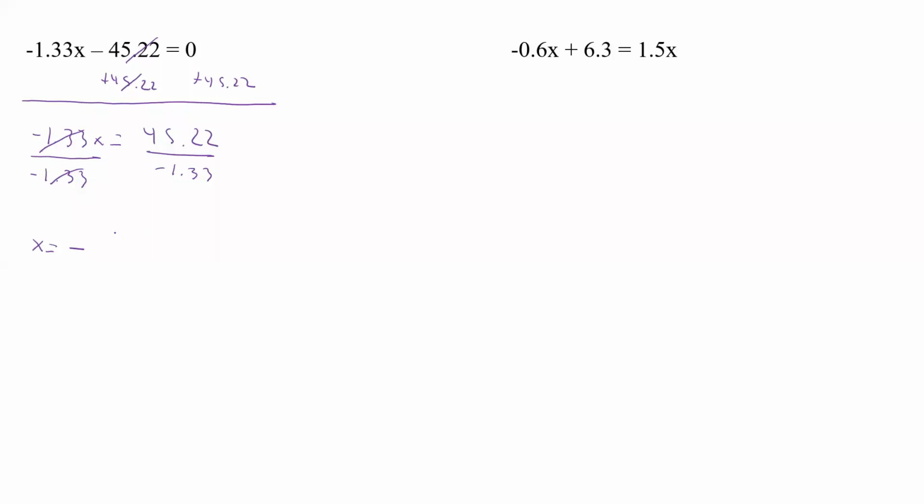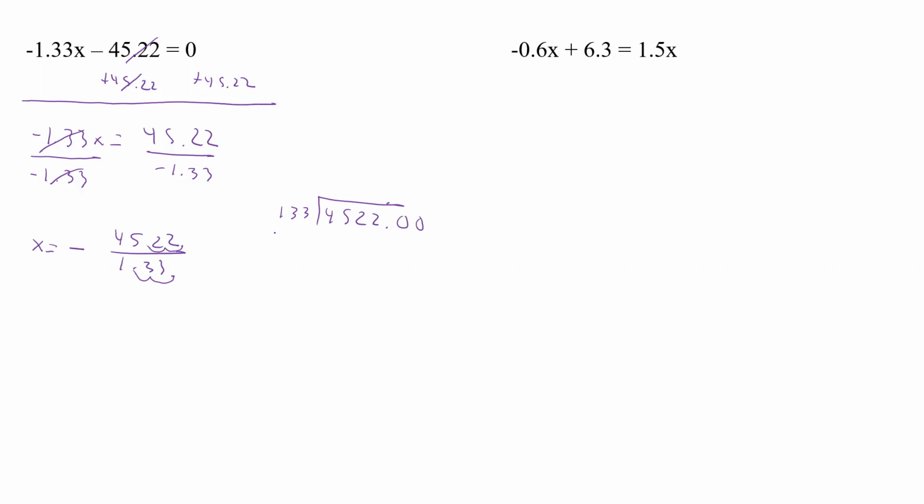Now, 45.22 over 1.33. I have to move the decimal twice to get it to a whole number. So I have to move it twice in the numerator as well. And so really what I'm going to do is take 133 into 4522 point however many zeros I need.